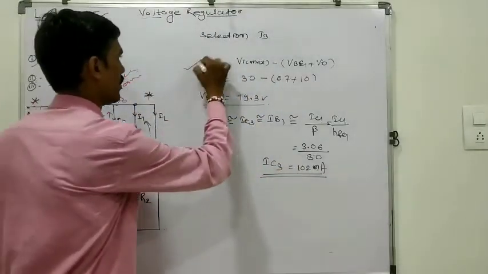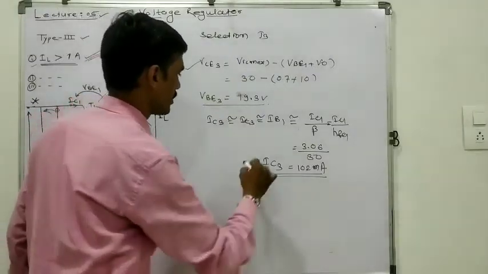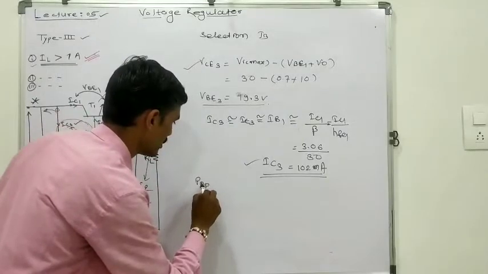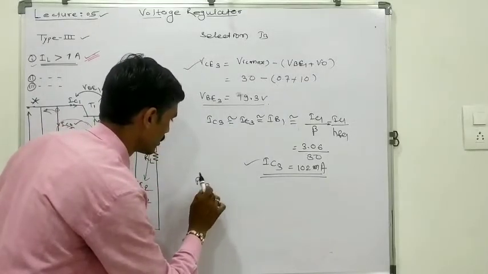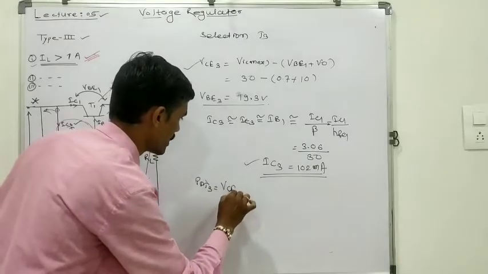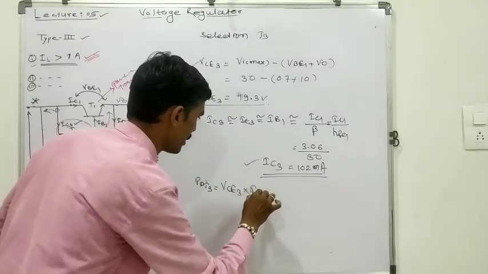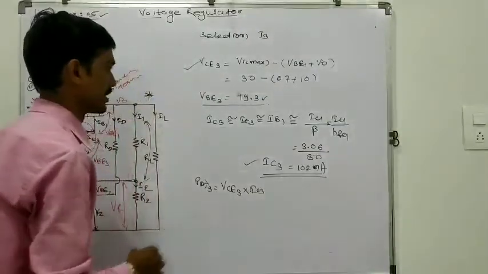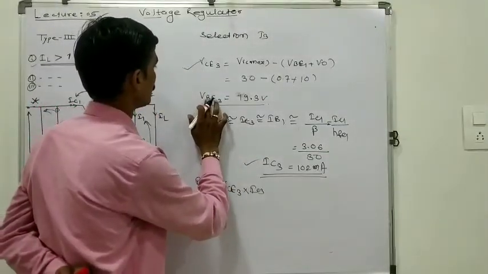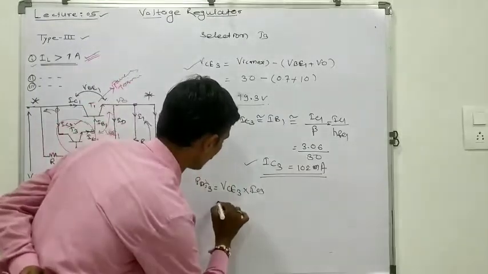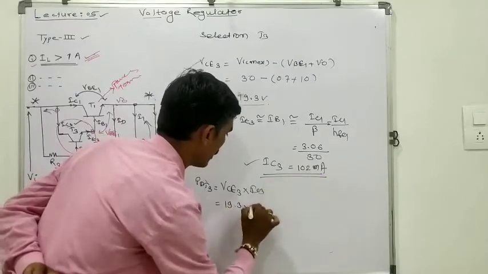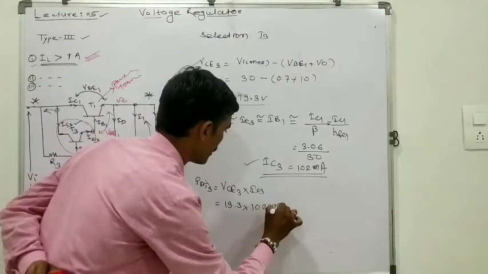So we have the voltage across the collector emitter, and we have the collector current. So power dissipation across transistor T3 is VCE3 multiplied by IC3. So it is 19.3 multiplied by 102 milliampere.